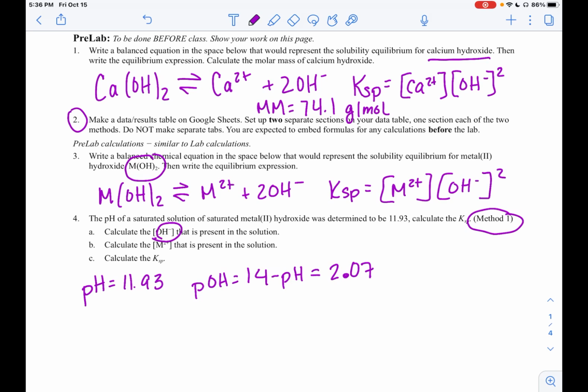Now, to find the OH- concentration, it is 10 to the negative pOH.